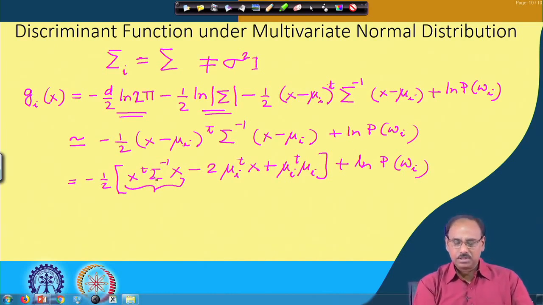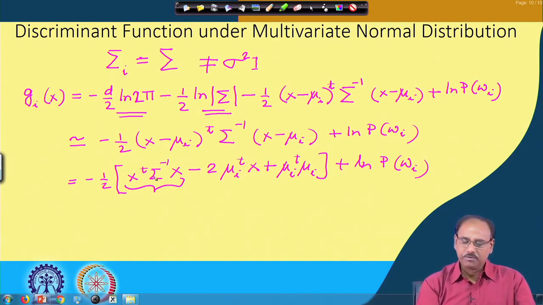So, I can ignore this, I can remove this from the discriminant function.